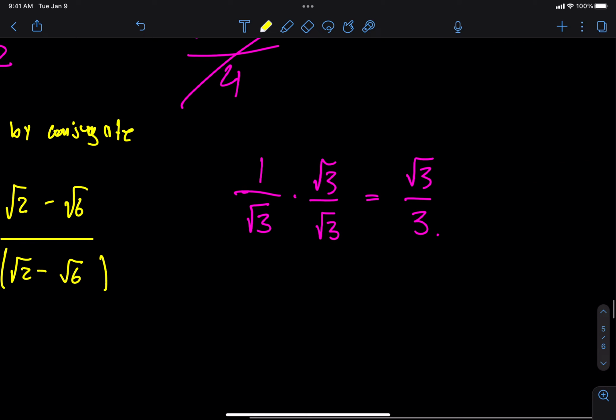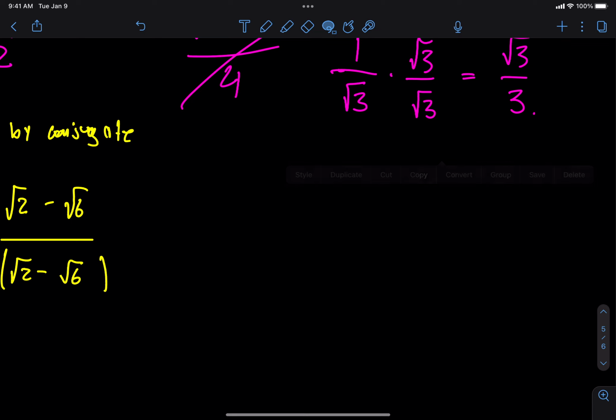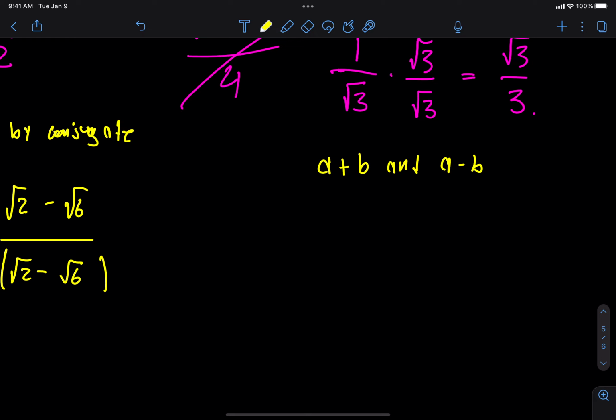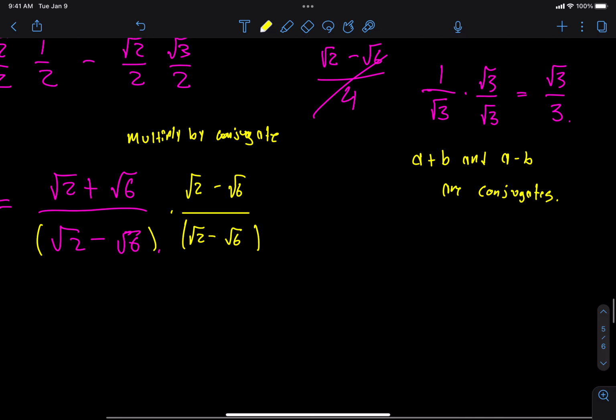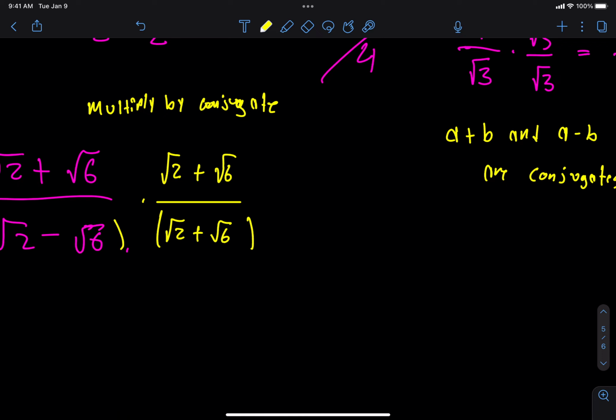If you were wondering, what is the conjugate? A plus B and A minus B are conjugates. So if you have a minus, you just change it to a plus. If you have a plus, you change it to a minus. So in this case, I'm going to multiply by square root of 2 plus the square root of 6 on the top and bottom.